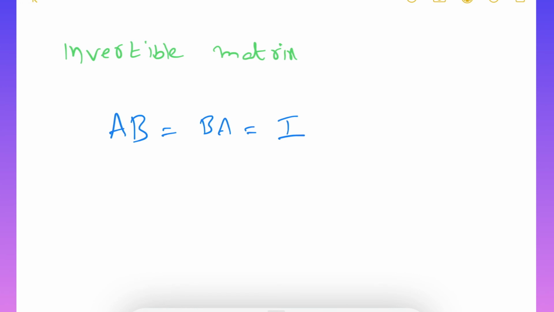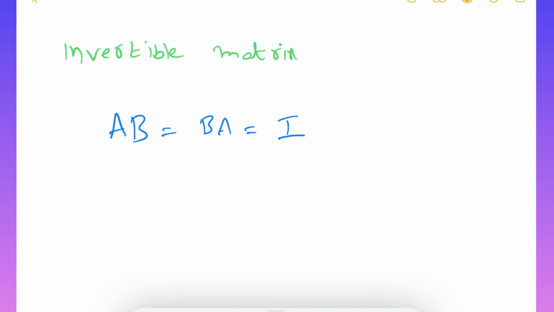So in this case matrix A is invertible. We will discuss this later, because till now we haven't discussed how to do multiplication of matrices.